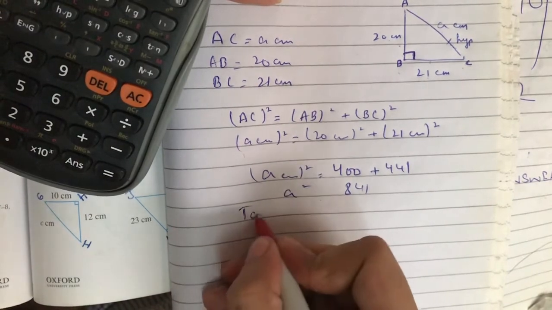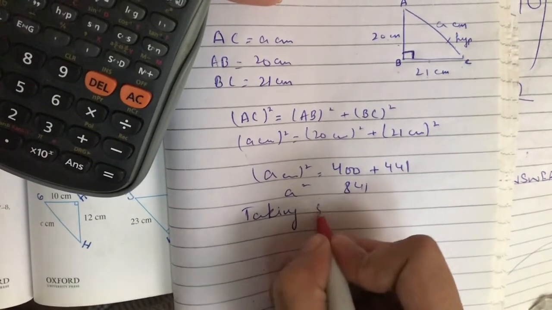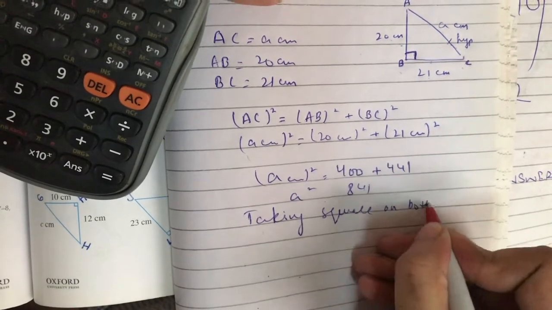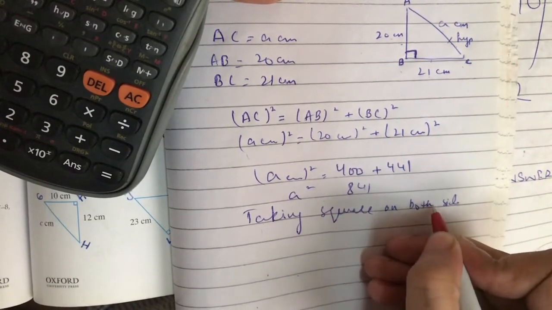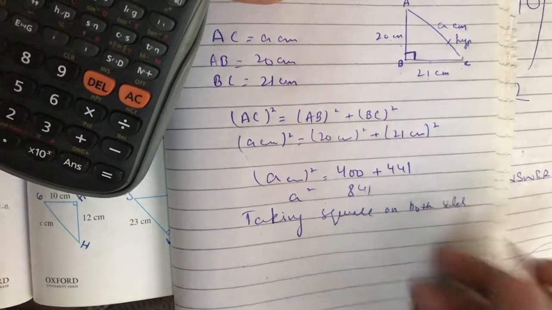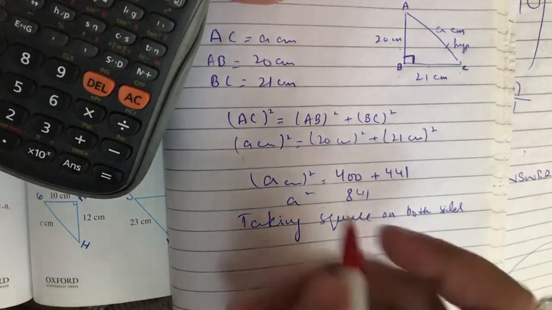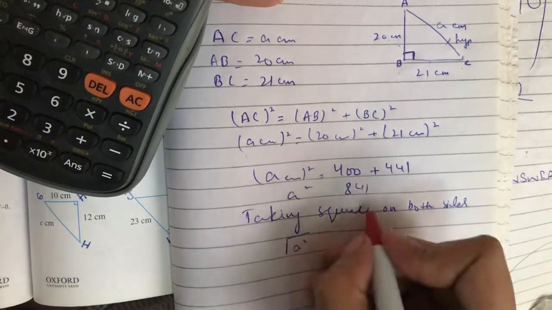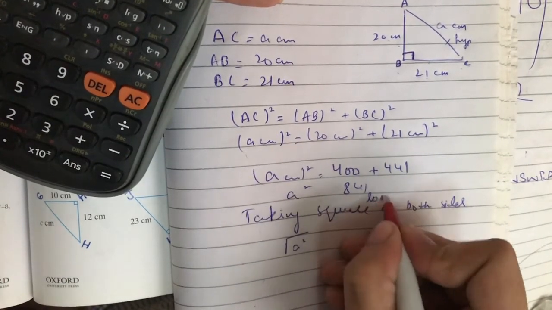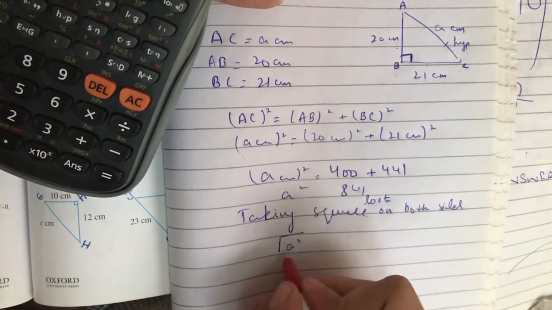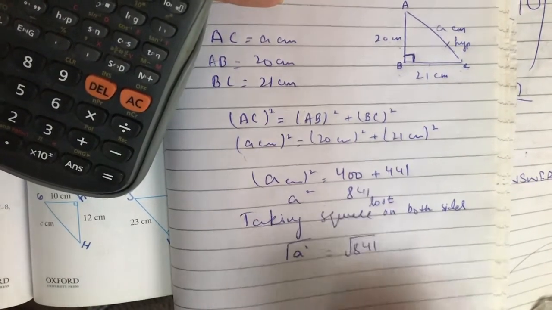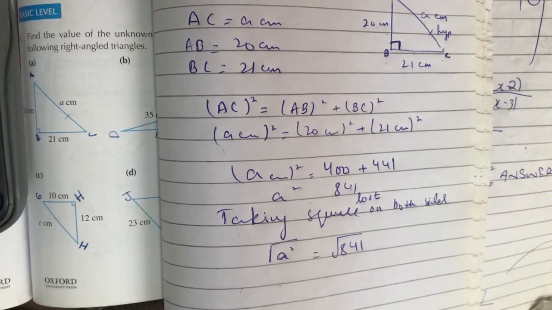That's why we take the square root on both sides, because we cancel the square.